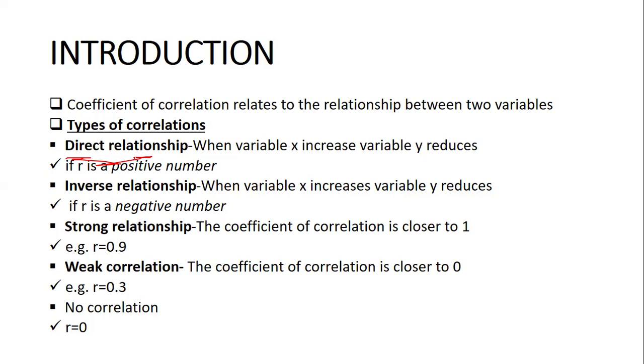So the most important thing that you need to understand is this: there's a direct relationship. What's a direct relationship? The direct relationship here is when variable x increases, variable y also increases, right? I don't know if you've done economics, the supply and demand. Not yet. Okay, I could have used this analogy had you done economics, but let me also touch on that.